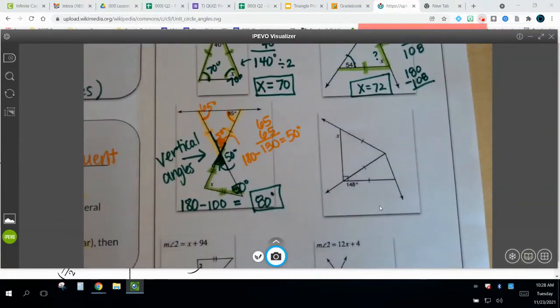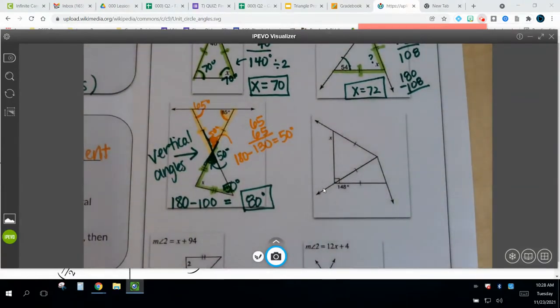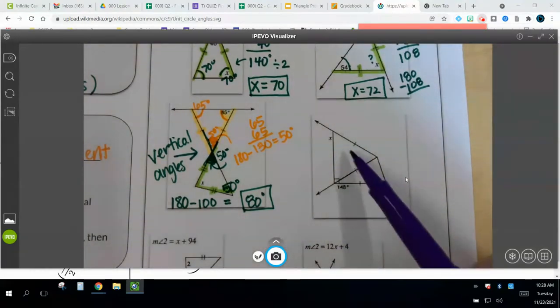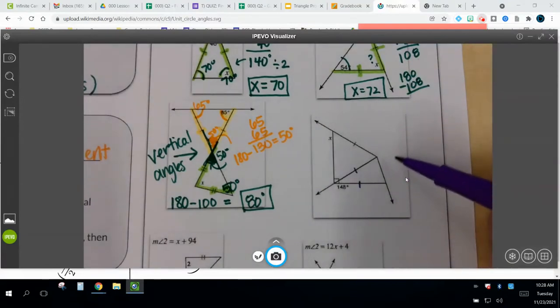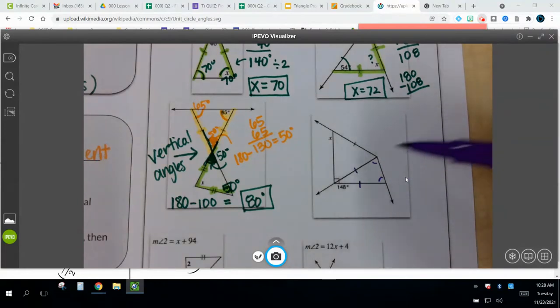So if we pick up where we left off, we have this next one. There's a lot of stuff going on in this example here. If we take a look, we have a lot of congruent segments, which means we have some isosceles triangles happening. Those two angles are going to be congruent because these two sides are congruent.